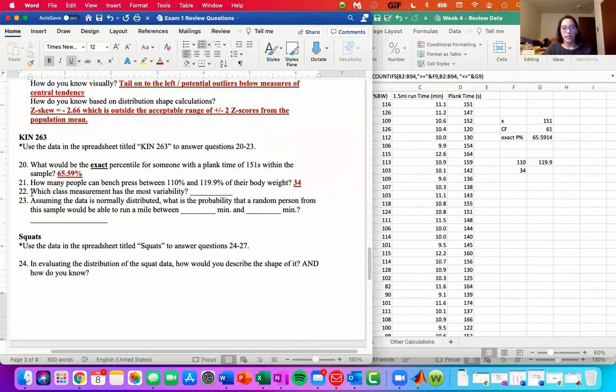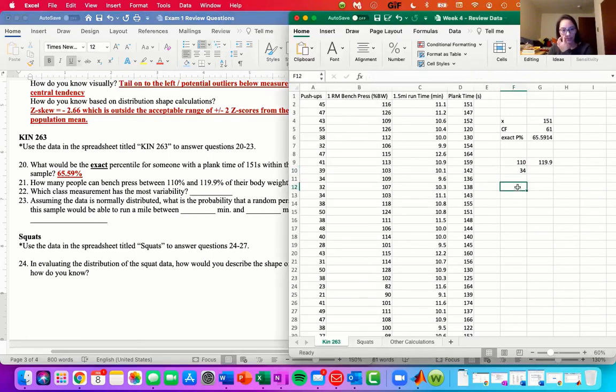Next question is, which class measurement has the most variability? What might we use to assess that? Is the coefficient of variability? Coefficient of variation. Close enough.